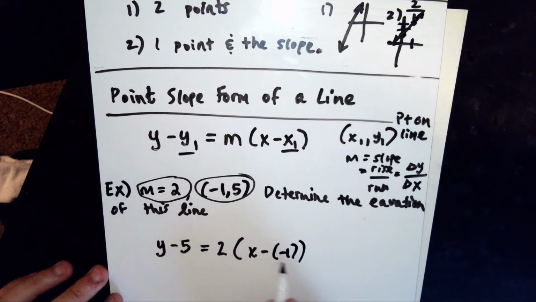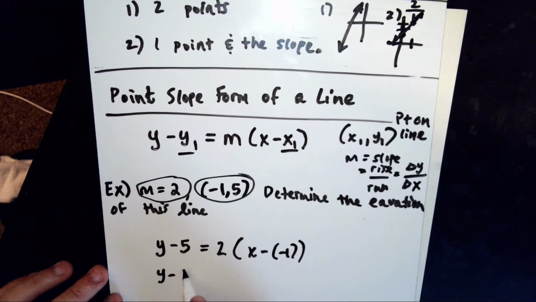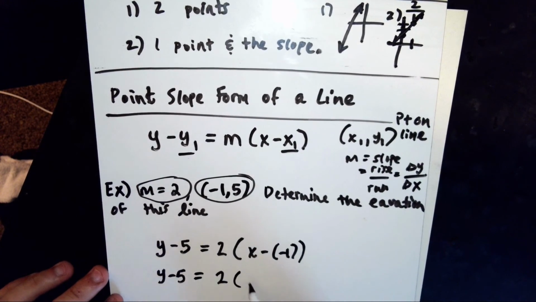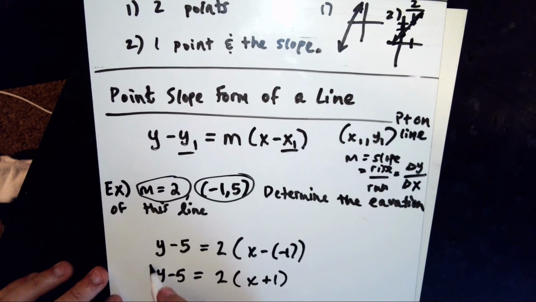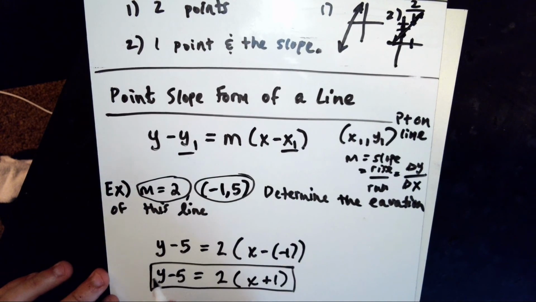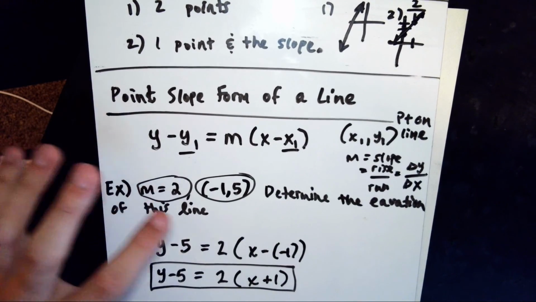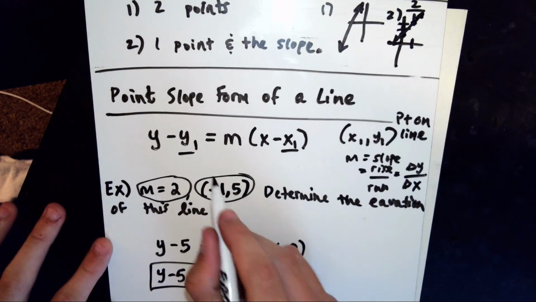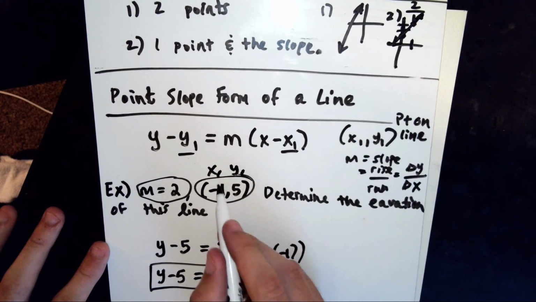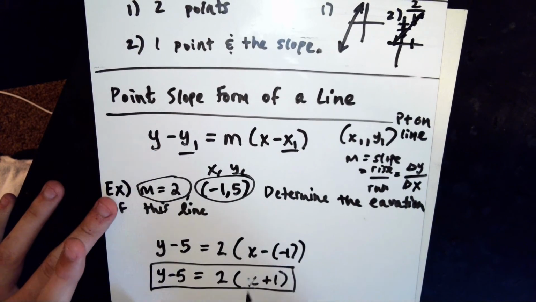And now note here we have 2 negatives, so we can combine the 2 to get x plus 1 on the inside of those parentheses. So this is the point slope form of the line with a slope of 2 passing through the point x1, y1, -1, 5.